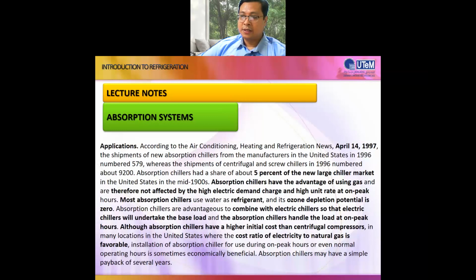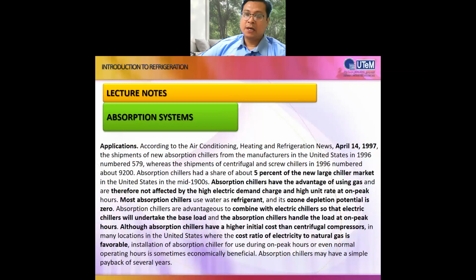Yeah, so this refrigeration is considered a big design. So that means it is considered 5% of the biggest of the chiller market. So the chiller has the advantage of using gas and therefore is not affected by the higher electric demand charge and high unit rate on peak hour.